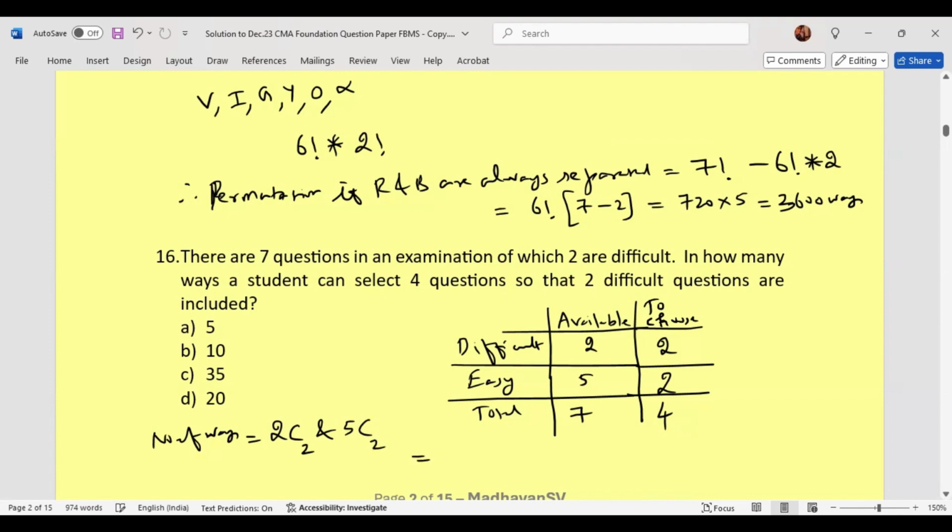Since there is an AND, 2C2 is nothing but 1. AND means multiplication. 5C2 is 5 into 4 by 2. So totally there are 10 ways. So that means option B.